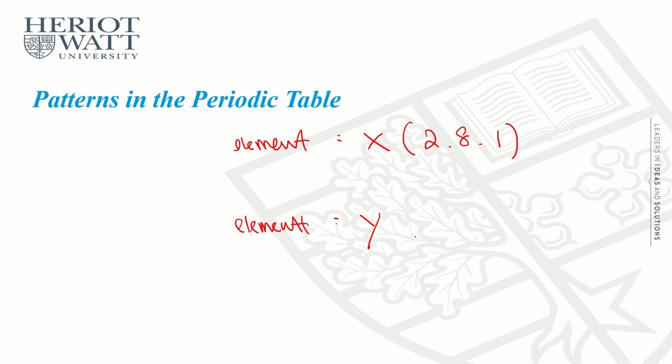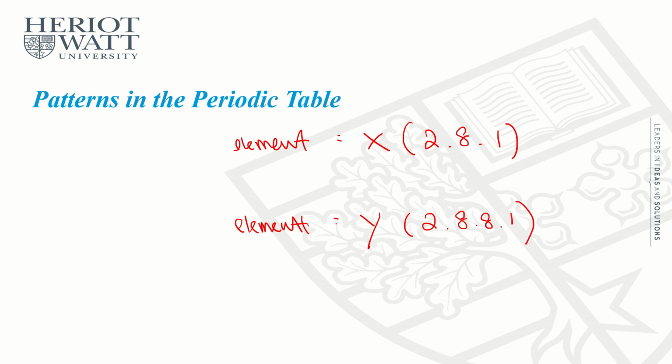All right, element X is 2, 8, 1. Element Y is 2, 8, 8, 1. Now if you compare X and Y, for example, I choose one property, atomic radius. So which one, X or Y, has a bigger atomic radius?